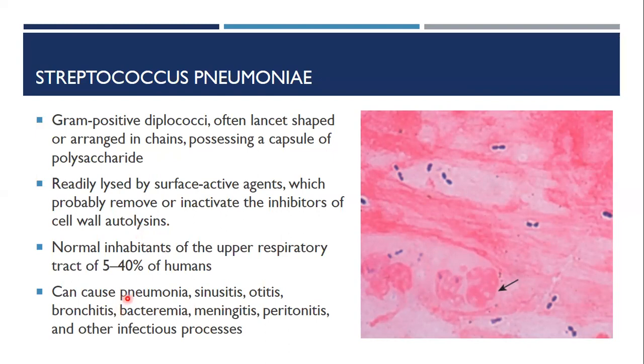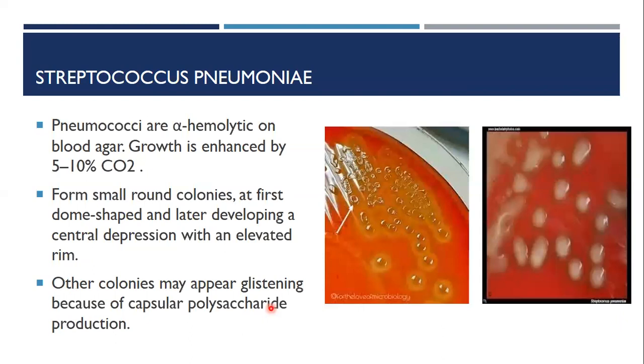It could also cause pneumonia, sinusitis, otitis, bronchitis, bacteremia, and some other infectious processes. These are alpha hemolytic, meaning it is not capable of completely lysing red blood cells, and that incomplete lysis produces what product again?